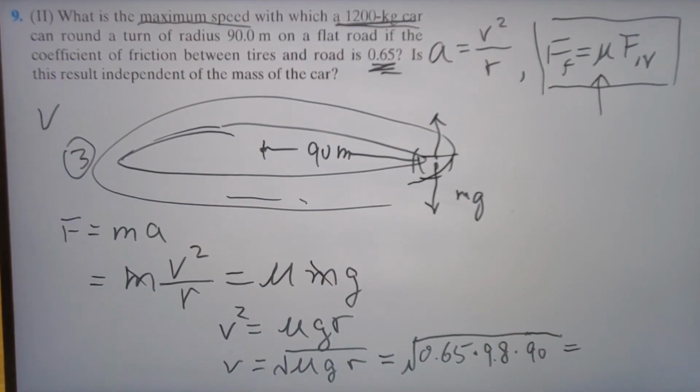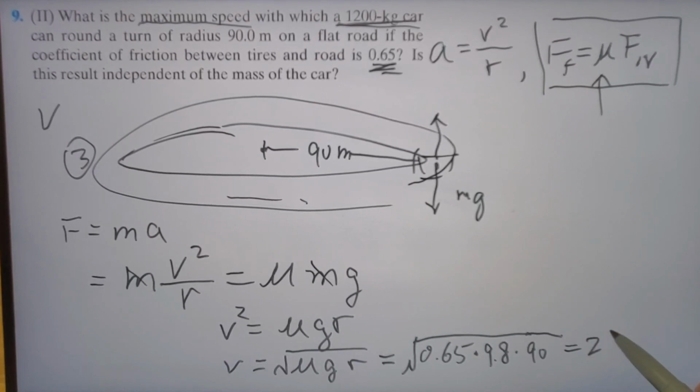All right, let's calculate it. It is 0.65 times 9.8 times 90, and take the square root of it. What I get is about 24 meters per second. That is your maximum velocity.